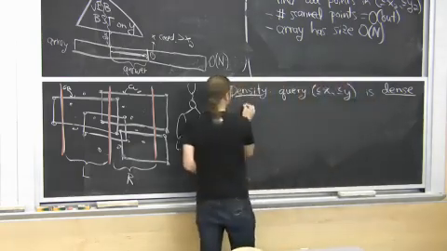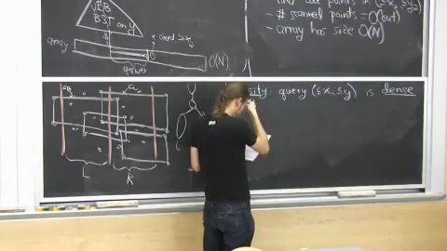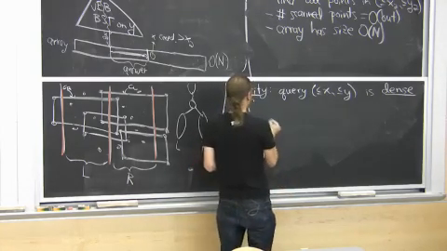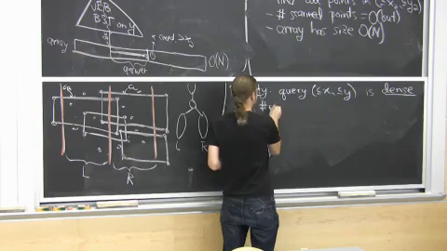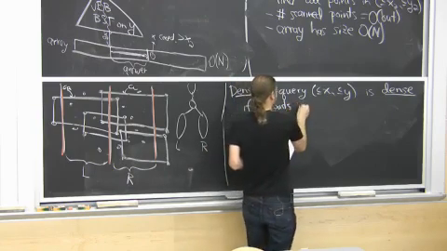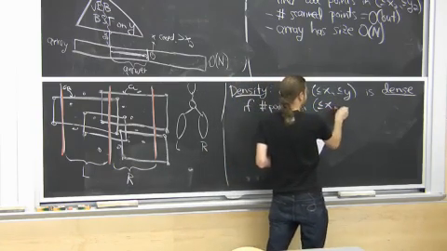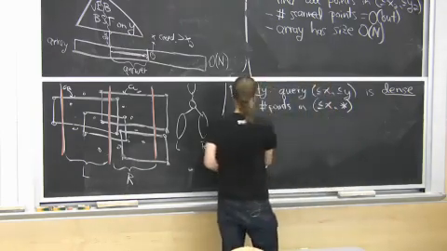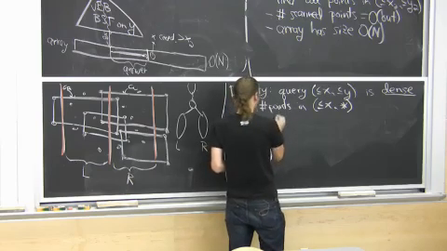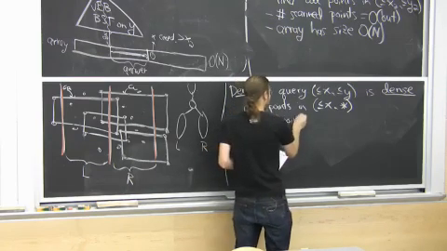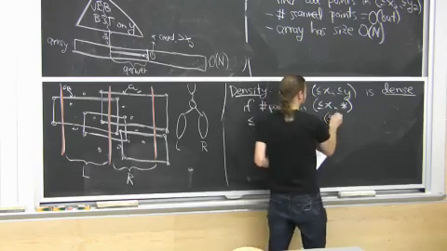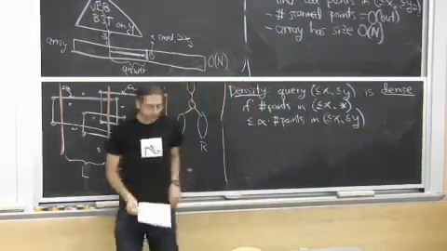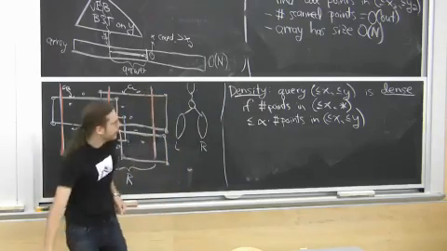The good thing for us would be if the number of points with x less or equal to x star is at most alpha times the number of points in the answer. Star means no restriction on y, minus infinity to infinity.